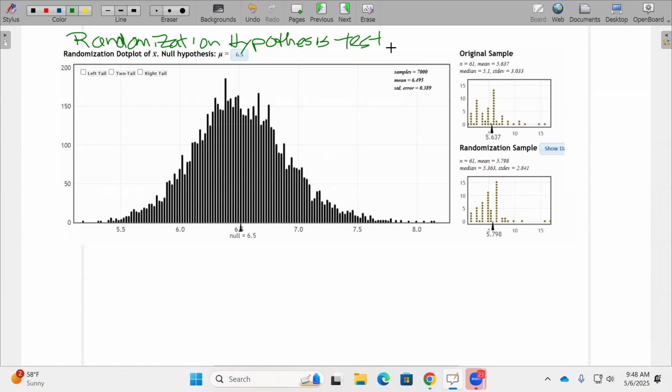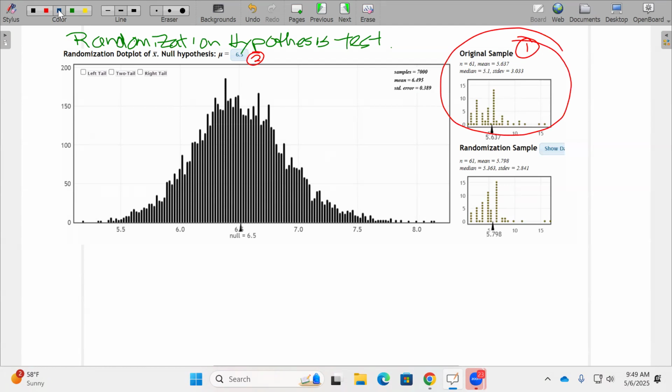And to do a randomization hypothesis test in StatKey, number 1, you have to have a data set to pop in there. And number 2, you have to have something to compare to.